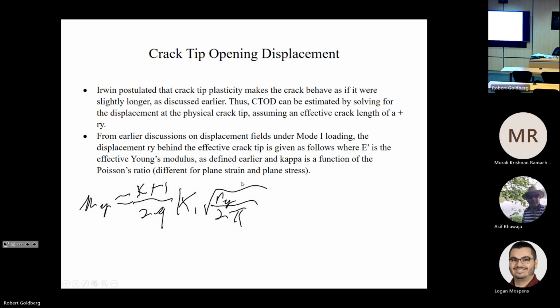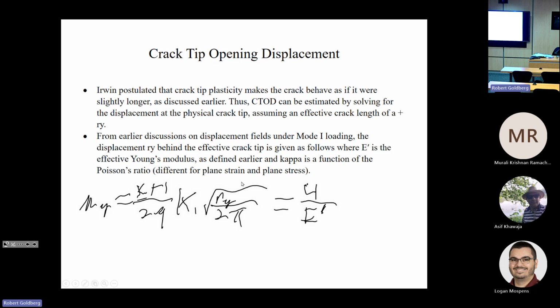And we talked about this before. If you apply some definitions of these parameters, and this kappa is a function of Poisson's ratio, and it's different for plane strain and plane stress, it comes to be equal to 4 divided by E prime, where for the case of plane stress, E prime is just equal to the modulus.